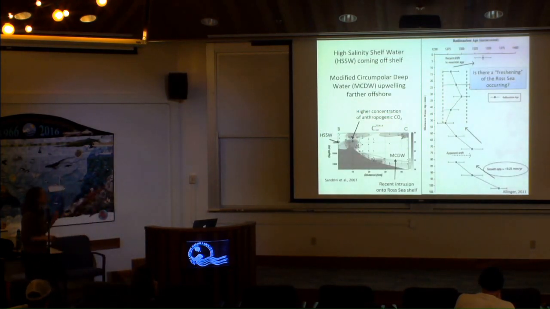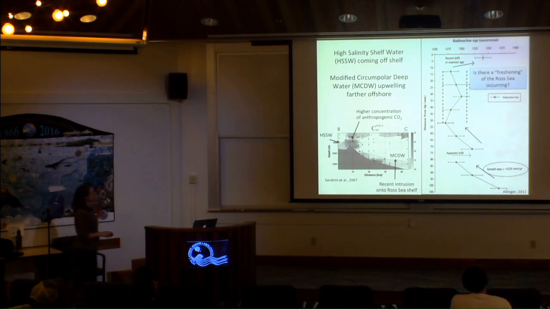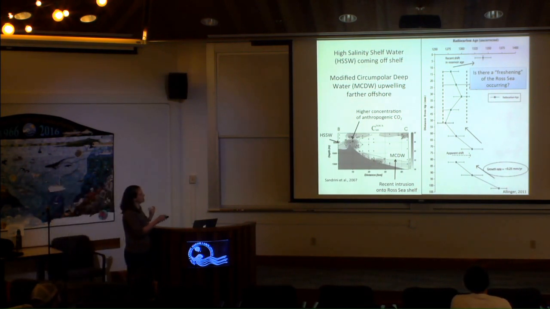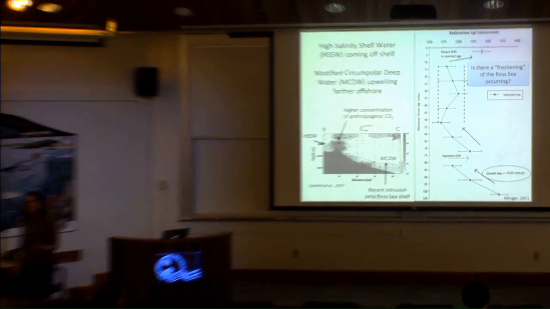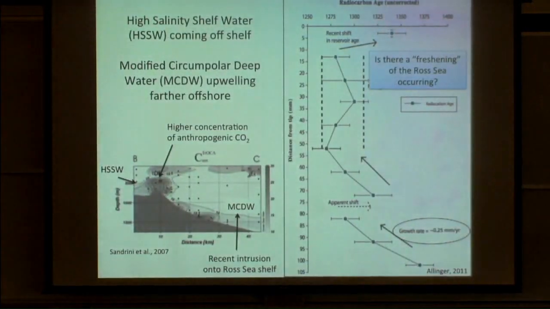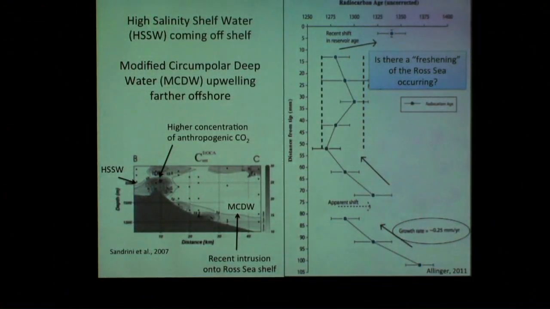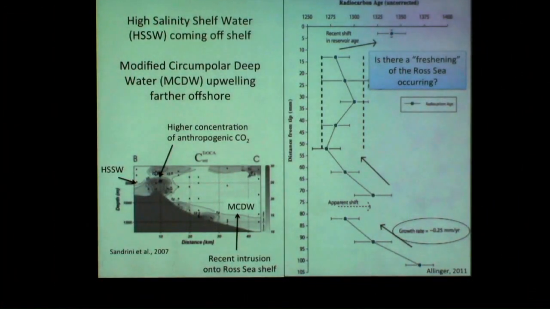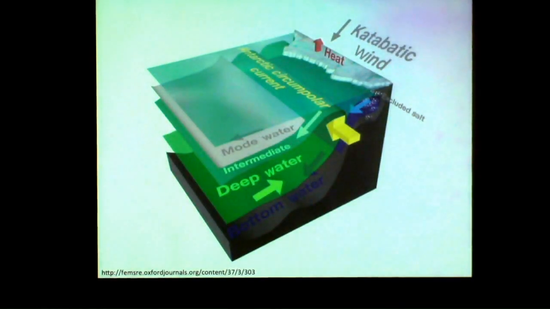So some previous work has shown that there's a possibility, based on radiocarbon data from these deep sea corals, that there's this freshening of the Ross Sea. And this would be due to the fact that if you have this high salinity shelf water, okay?